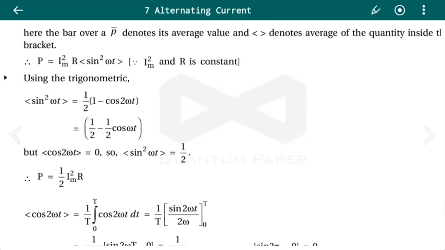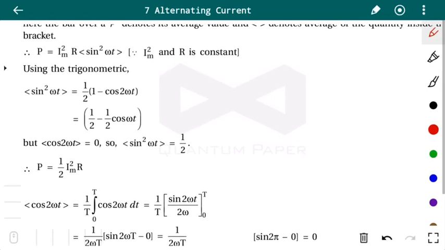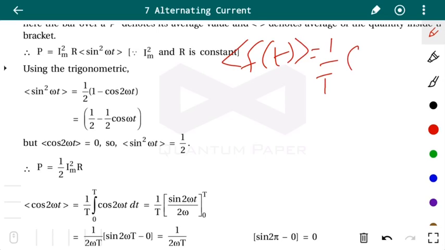Taking the function of that, we know that the average of the function is equal to 1 by T integration from 0 to T function dt. This is the general equation.